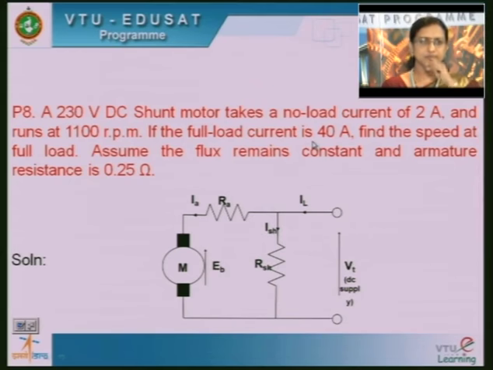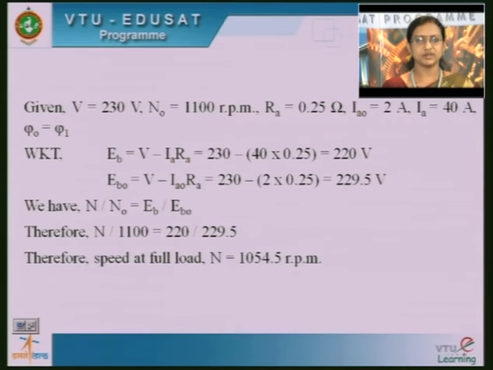In this case, you calculate the value of EB at no load and EB at full load, then use the equation of the speed and back EMF relationship to get the speed at full load.